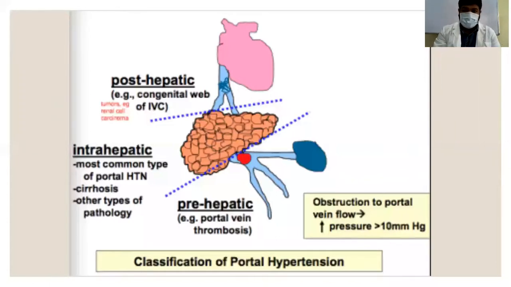There is a connection of the portal circulation with the systemic circulation at three areas. One is at the opening of the bile duct in the second part of the duodenum, another is surrounding the umbilicus, where caput medusae occurs, and the other area is in the anal canal.